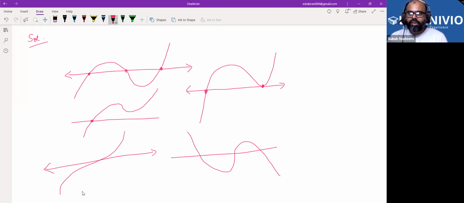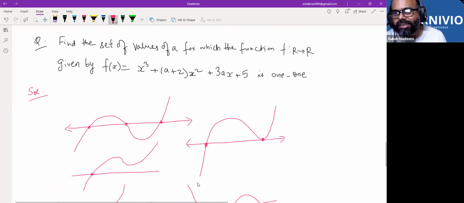This is the x-axis and it is simply like this. Only one root and it is only increasing. And it can be like this also, decreasing. So out of all the possibilities of a cubic function, it is saying that this is one-one.